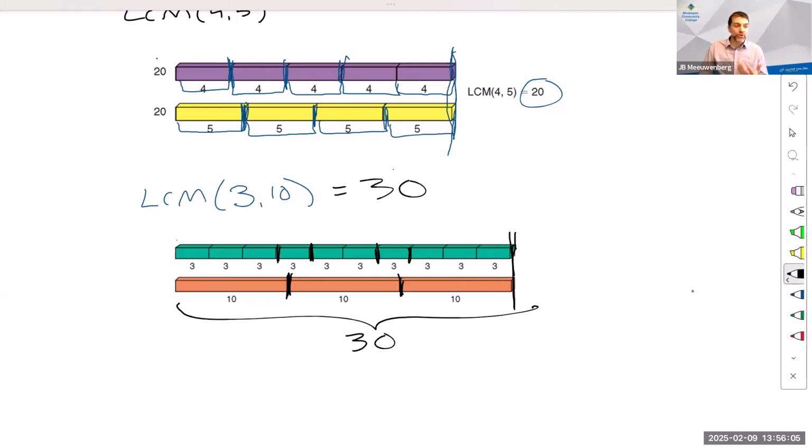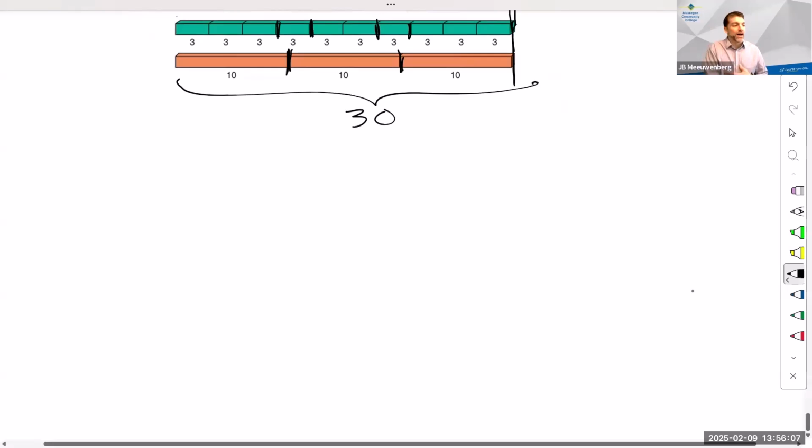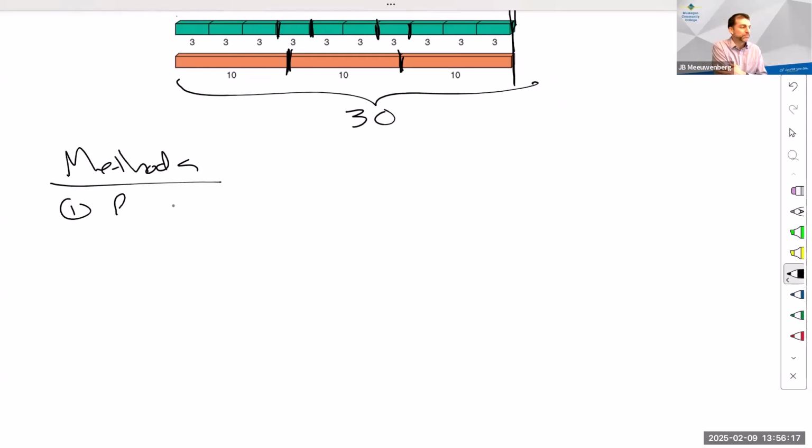Another way we can do it, if we're looking at ways to find a least common multiple, a second way that we could do it is just make a list of the numbers. That's what we did earlier with the numbers 5 and 7.